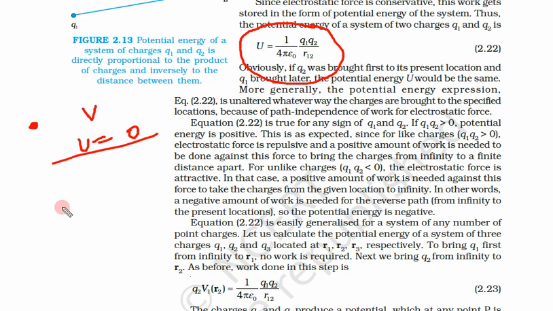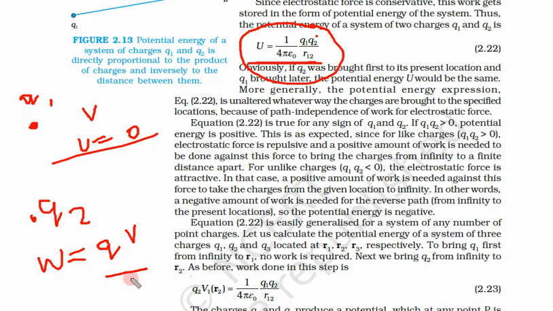But as soon as we bring a second charge, this was Q1 and this is Q2, there would be work done because of this other charge, and the work done is simply QV. We have just added another charge multiplied by the potential of the first charge, so that is the work done, which will be stored as potential energy.